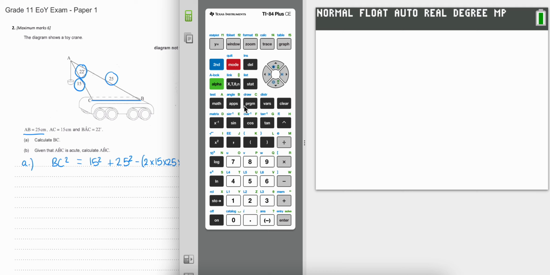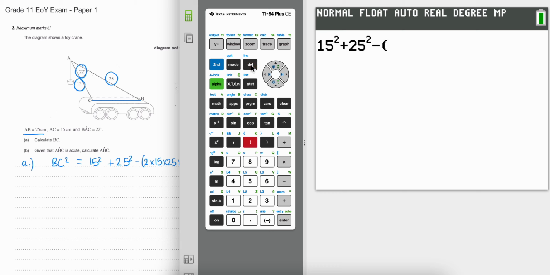So you can go 15 squared and plus 25 squared. Oops. So I'm just using the delete key there.